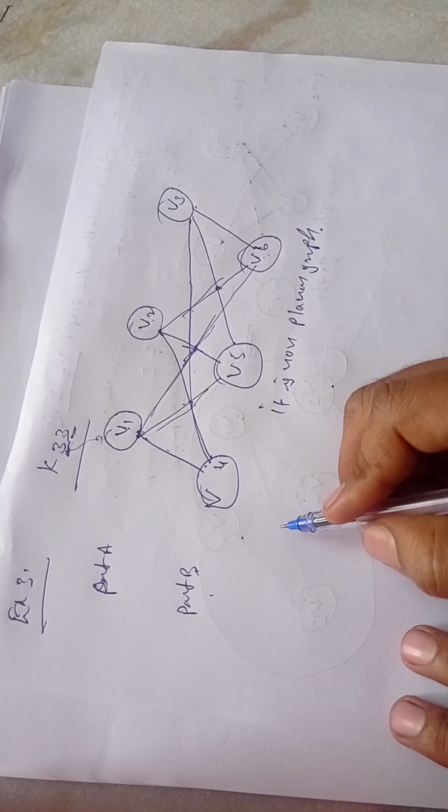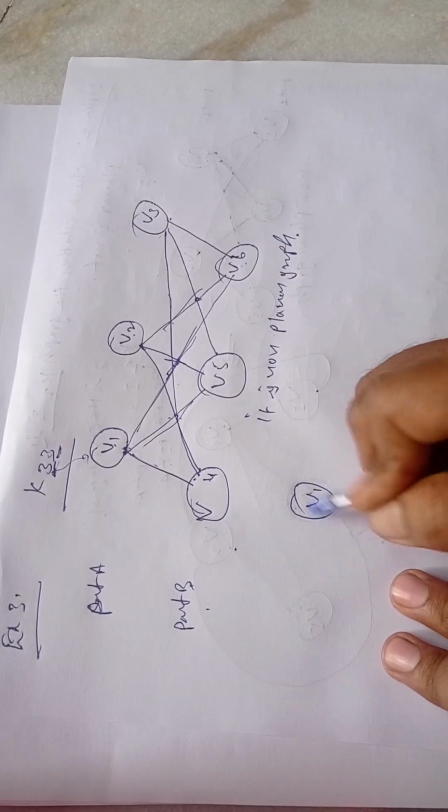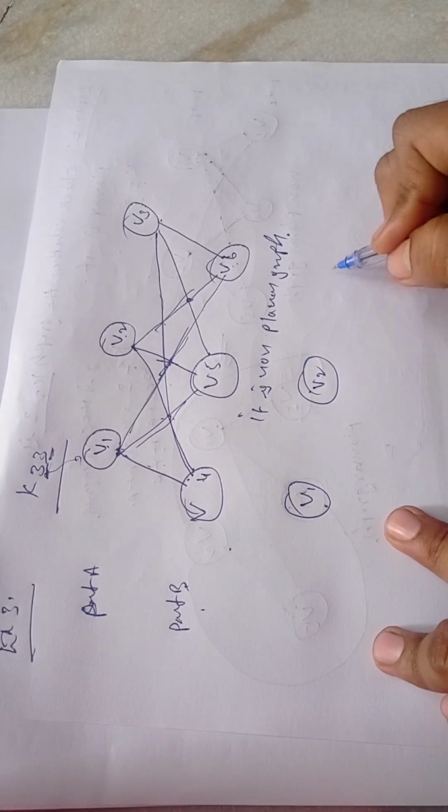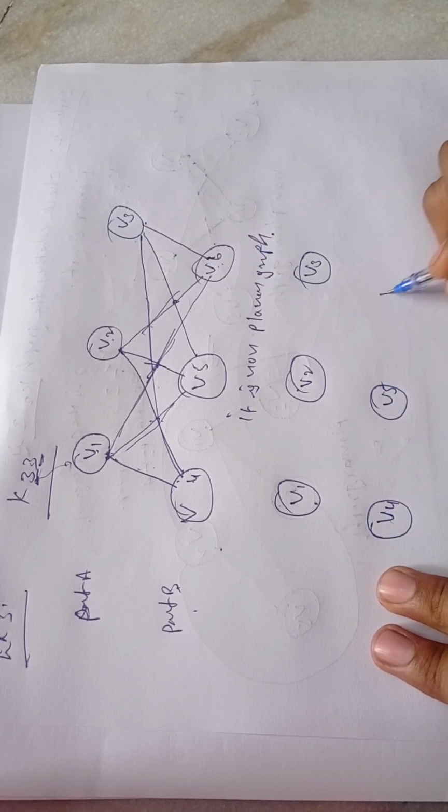Now we redraw it another way with V1, V2, V3, V4, V5 and V6.